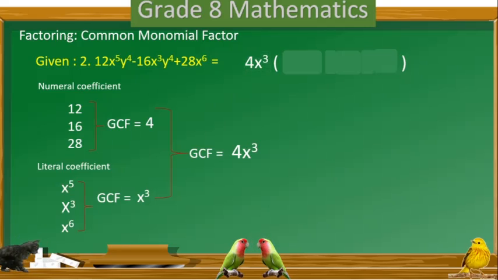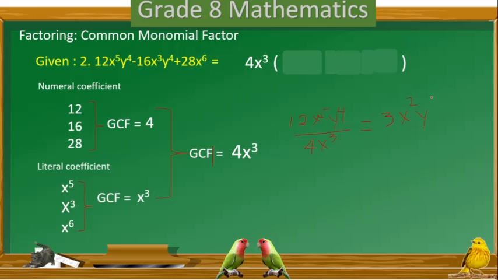To find the quotient of the first term, we divide 12x to the fifth y to the fourth by 4x cubed. 12 divided by 4 is 3. X to the fifth divided by x cubed is x squared.